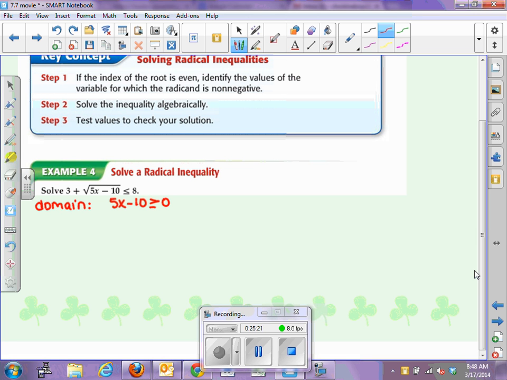Because my answer is going to be a number like, hey, anything less than 2 will be my answer, or something like that. Well, if I start getting negative values under my radical at numbers on this side, then I will have to not include those answers. So I have to be careful. It's not just one little answer I'm getting. It's a whole range of answers. So that's why I'm going to check my domain first.